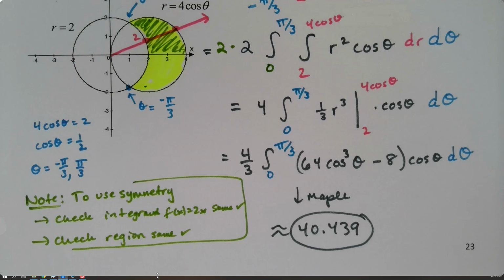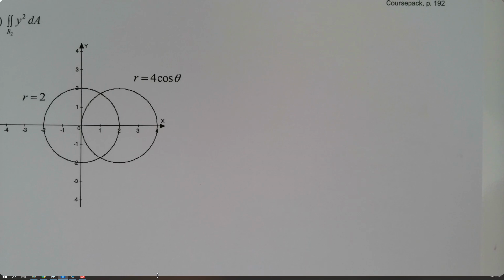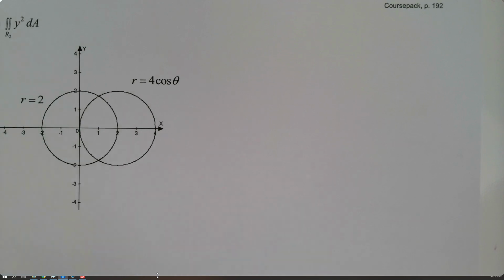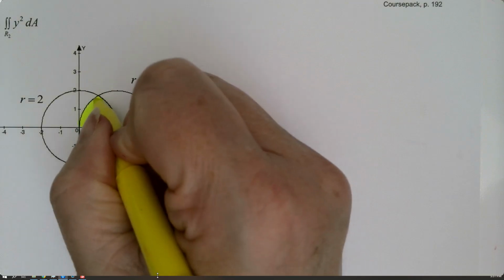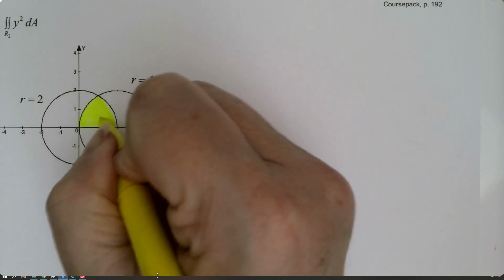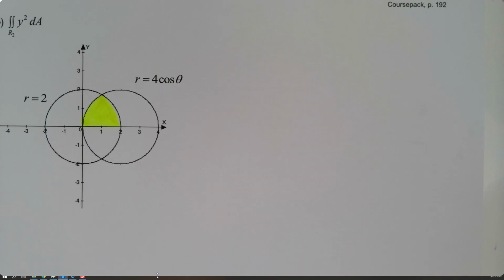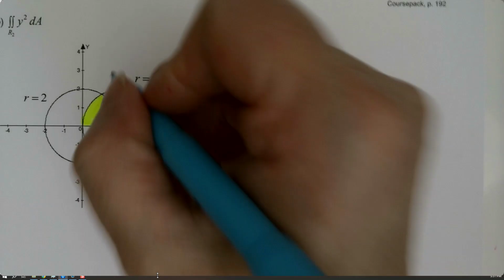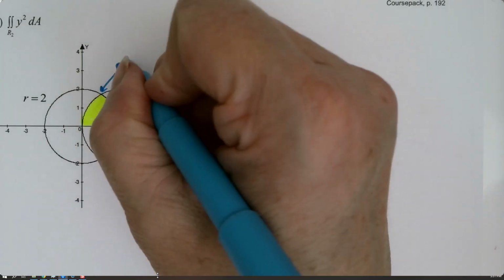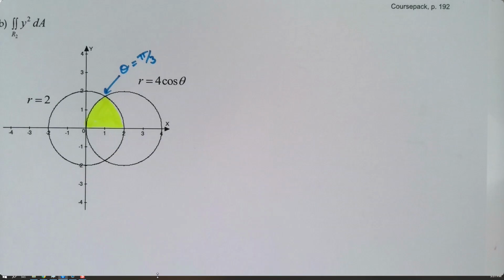Okay, let's take that same polar region and let's do a different section now. So let's do this section right here. All right, now this is trickier than you think. We know that they equal each other at theta equals pi over 3 because we already found that.